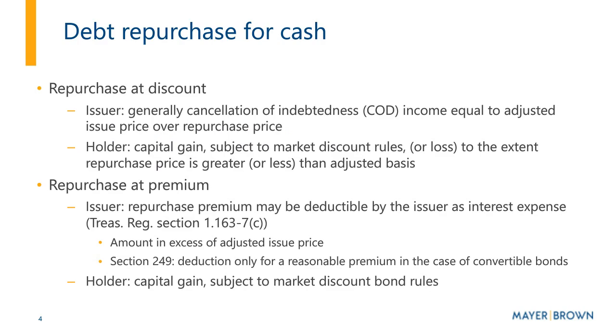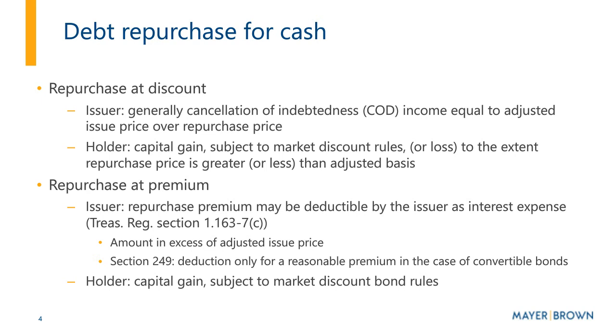I'm going to cover debt repurchases. Again, this is pretty basic, but I want to make sure that everybody's on the same page in terms of liability management transactions. The first is a very easy one: repurchase at a discount. The company looks out at the debt market, sees that its debt is trading at a discount, and is motivated to buy it back.